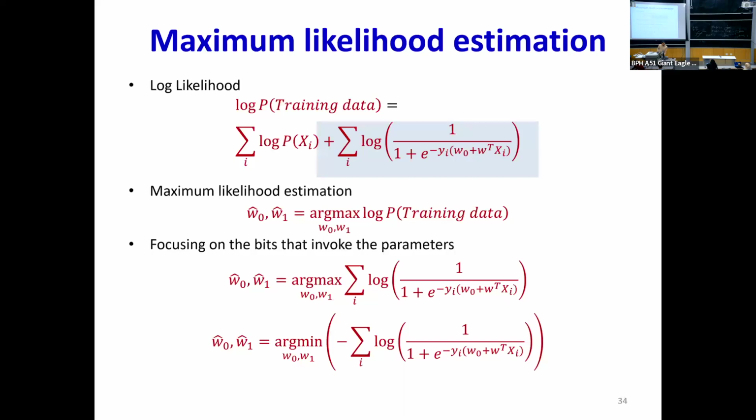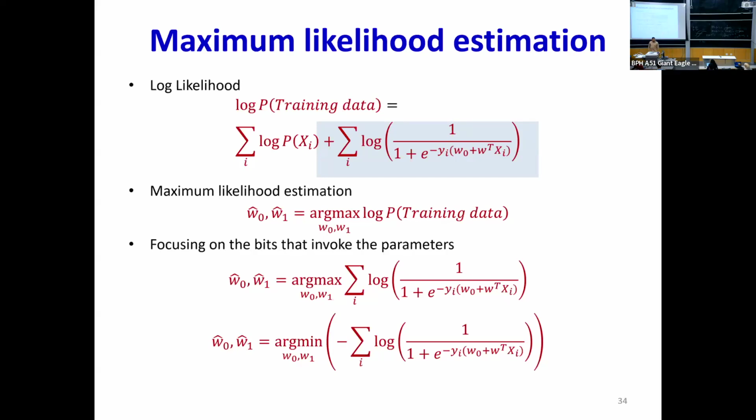And so training our model means we are going to maximize this log prob, which is that we will be estimating W0 and W1 to maximize the log probability of the training data. But then the log probability of the training data has two components.